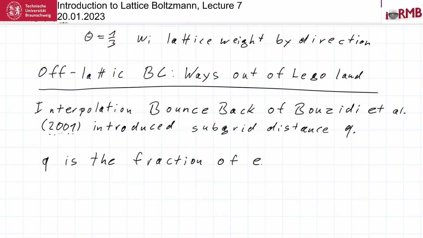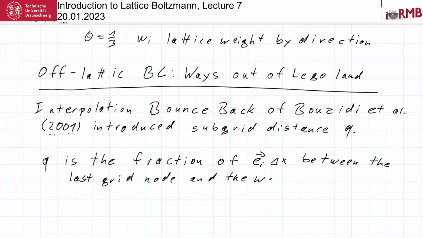of the vector e_i delta x between the last grid node and the wall.